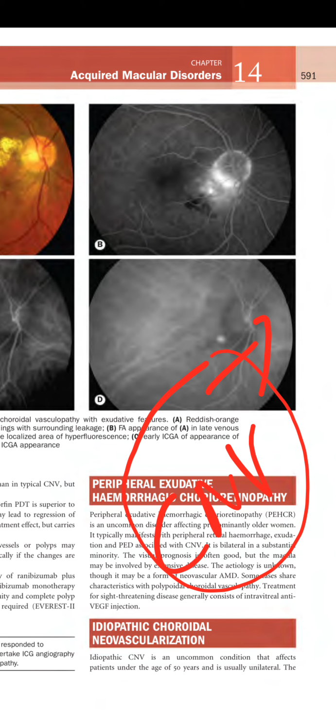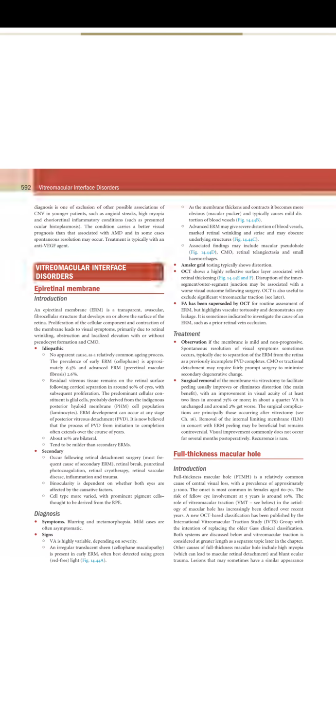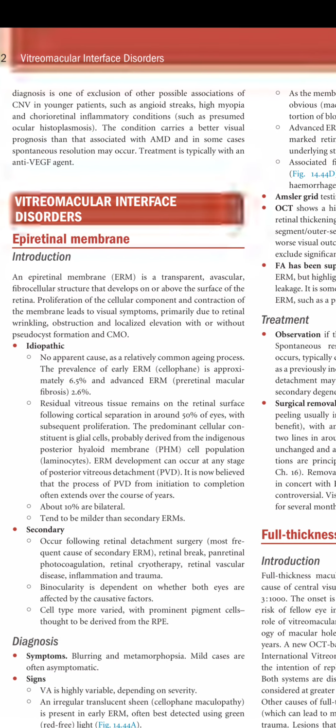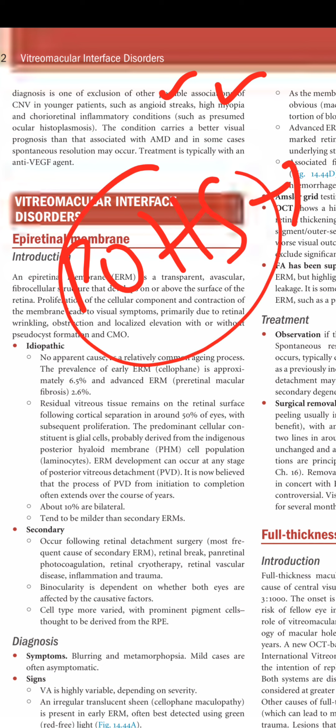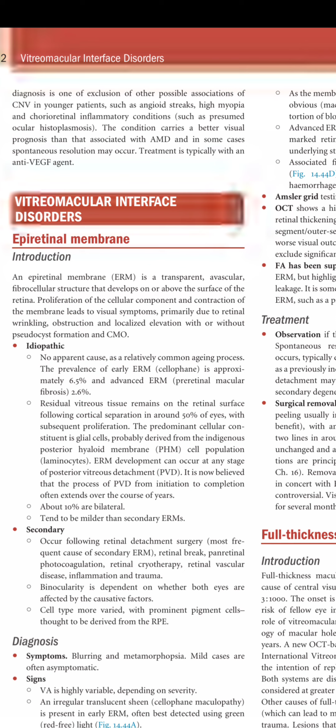It is a diagnosis of exclusion of other possible associations of CNV in younger patients, such as angioid streaks, high myopia, and chorioretinal inflammatory conditions such as presumed ocular histoplasmosis. So one should basically exclude angioid streaks, high myopia, and POHS to rule out this disease. This condition carries a better visual prognosis than that associated with AMD, and in some cases spontaneous resolution may occur. Treatment is typically with an anti-VEGF agent.